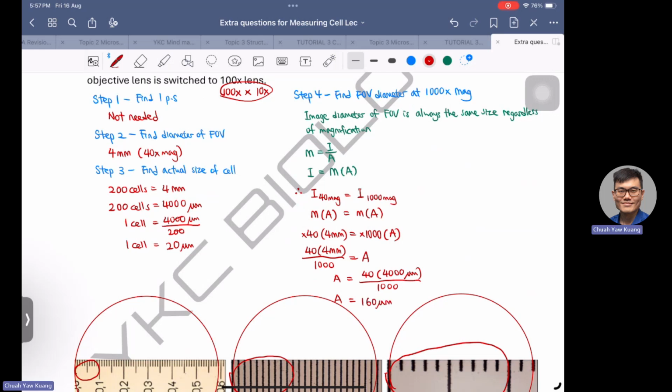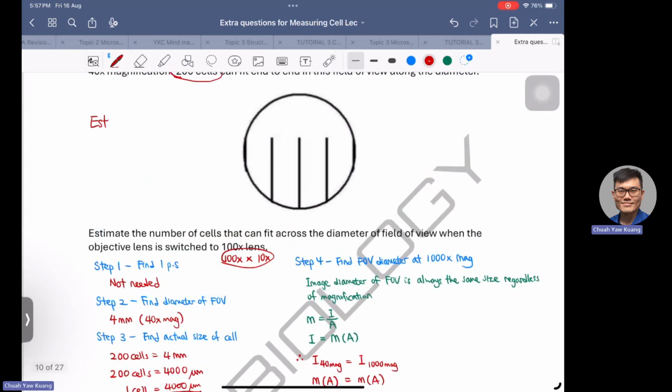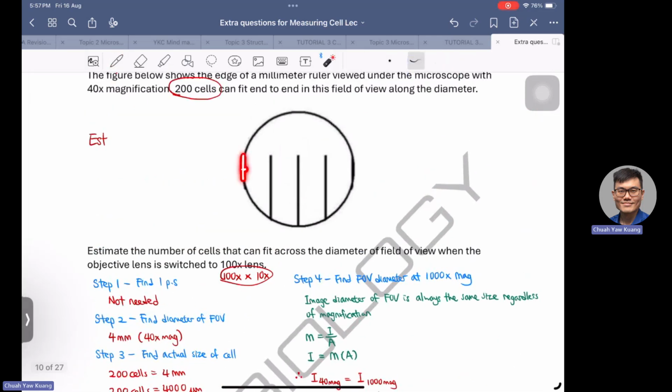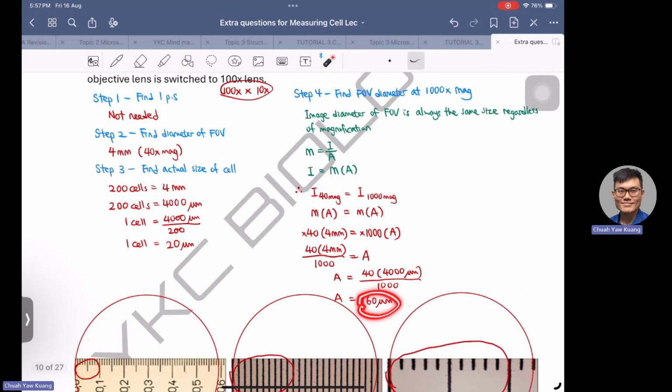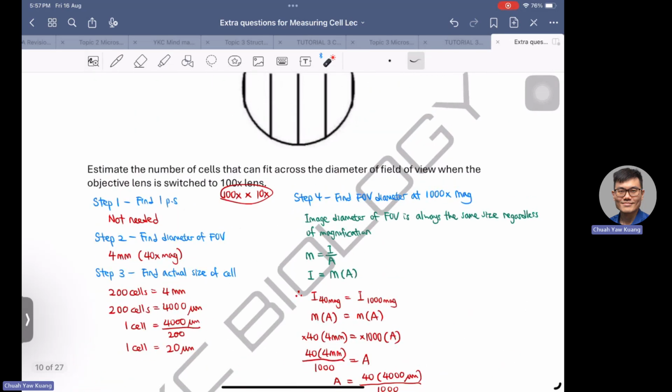That means under 1000 times magnification, the actual diameter of the FOV is 160 micrometer, not 4 mm. Once we have this information, we can now answer the question.